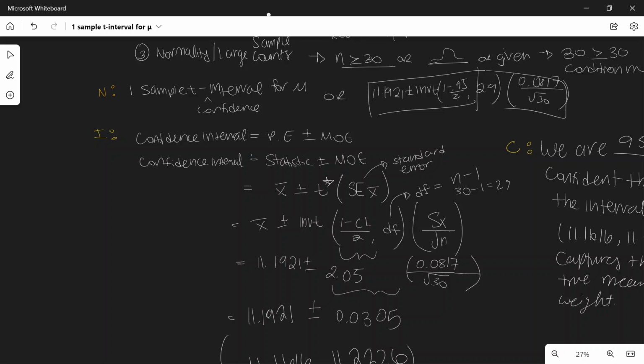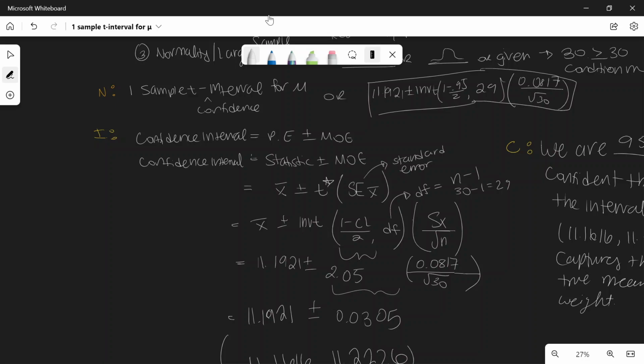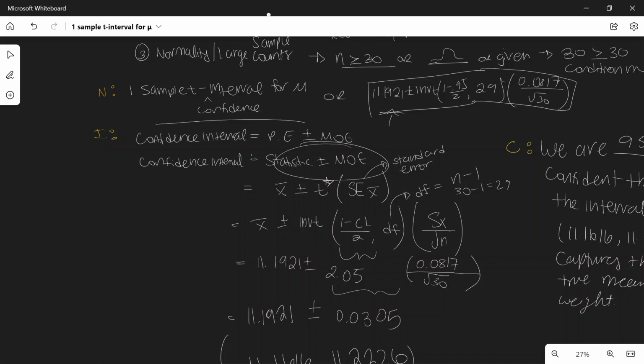This right here is the alternative to saying this. You're going to have this either way, and you're going to have to know this to know what margin of error you're going to use. So, to each their own.